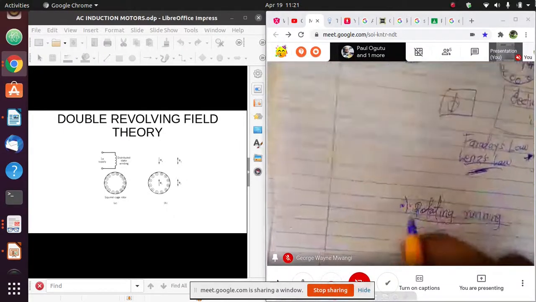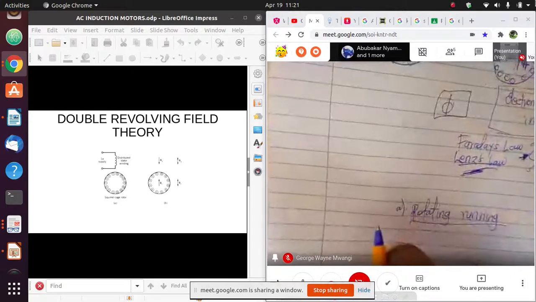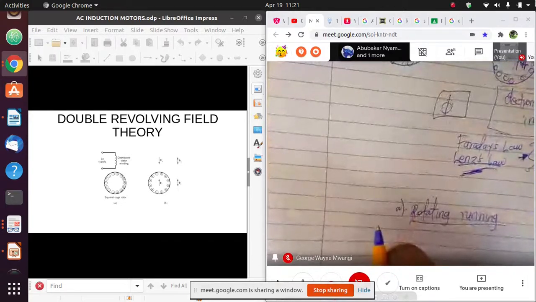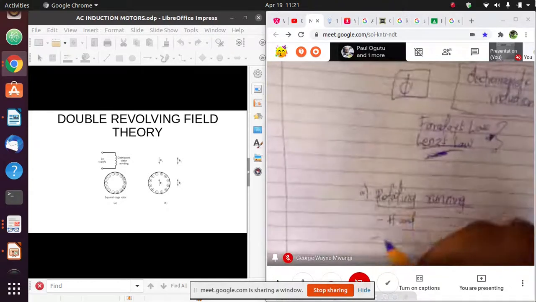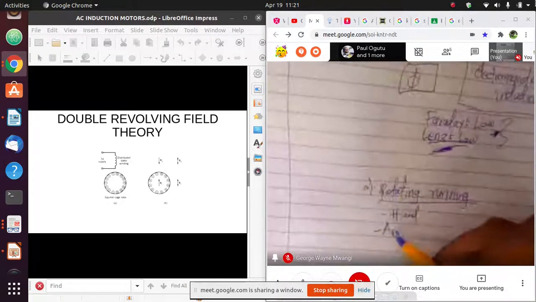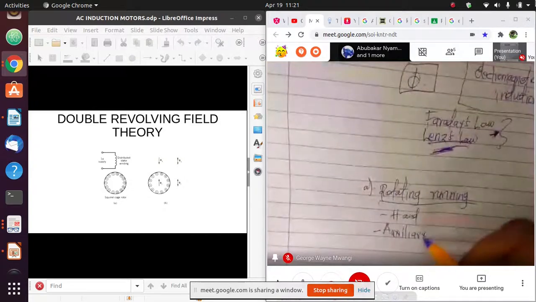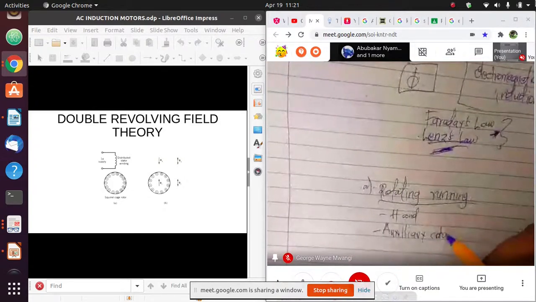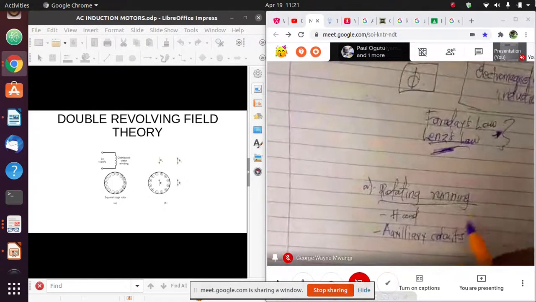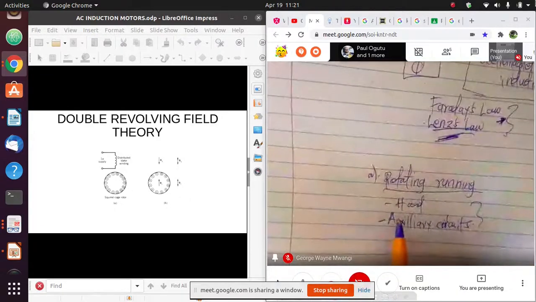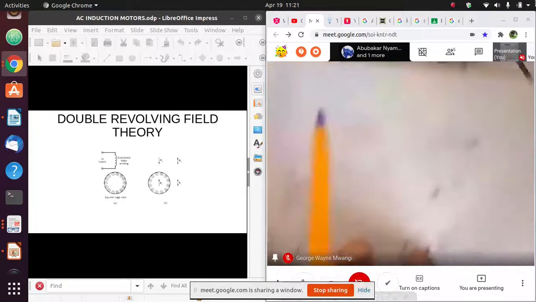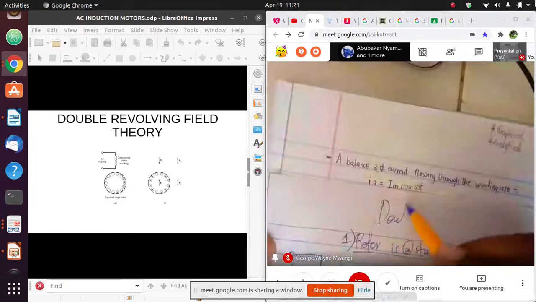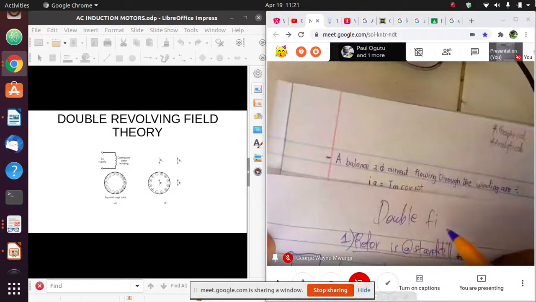Now, when the rotor is running, you can produce the movement of the rotor by hand, or you can connect auxiliary circuits to enable the rotation of the rotor. Now, what is the double field revolving theory? It is like this.